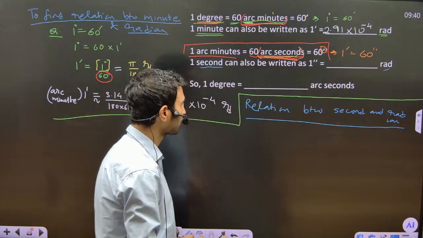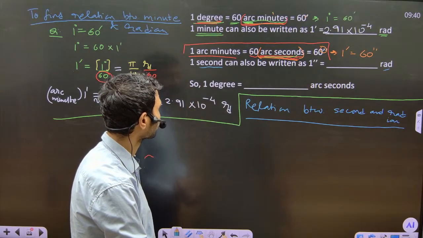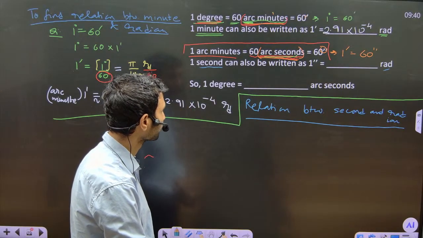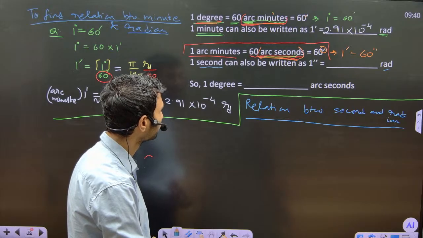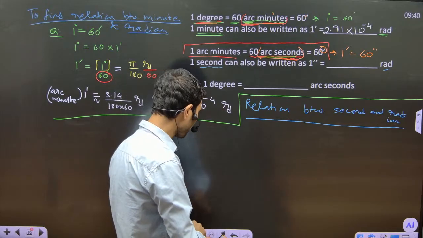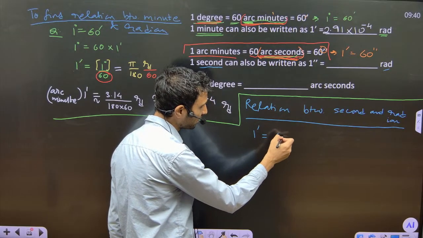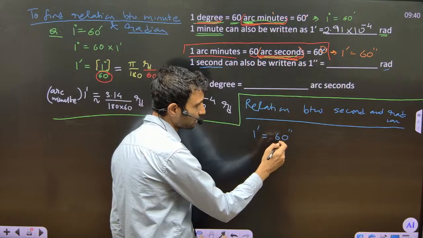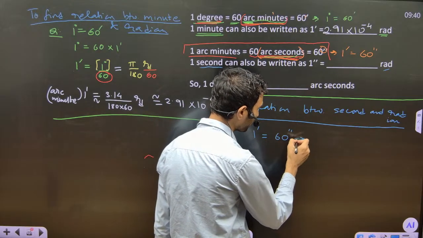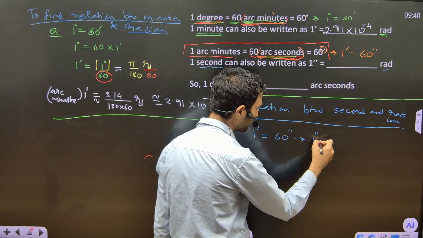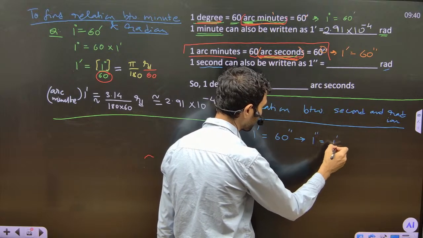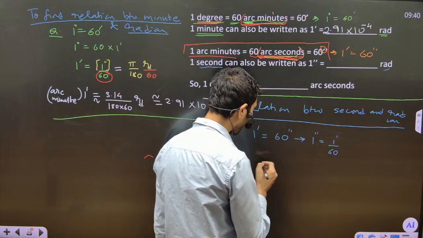So let's see what's the relation between second and radian. Starting from what we already have, 1 minute is equal to 60 seconds. So first of all, we will write what 1 second is equal to. 1 second will be what? 1 minute divided by 60. And why did we do that?